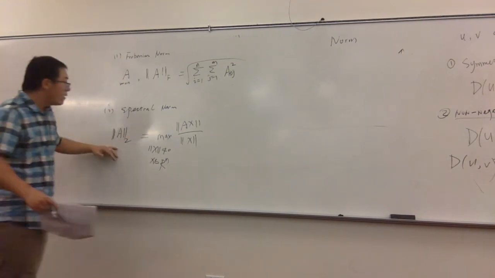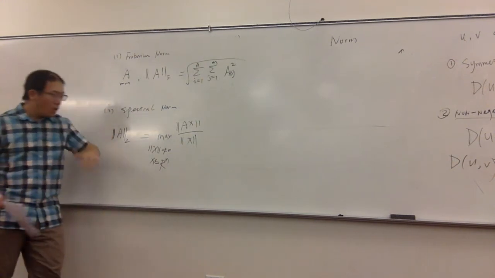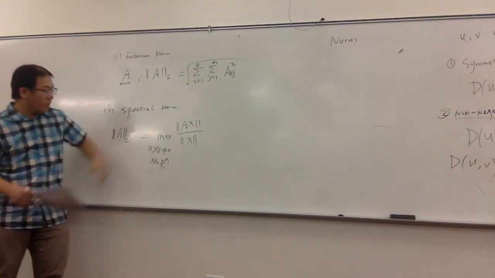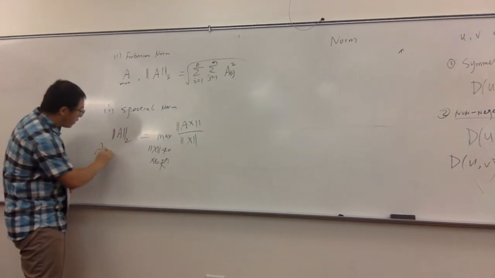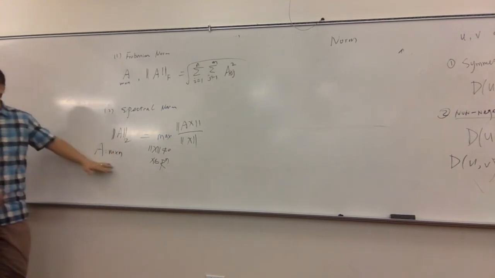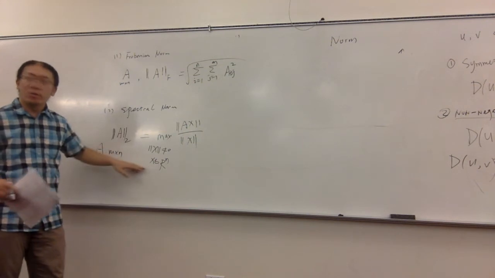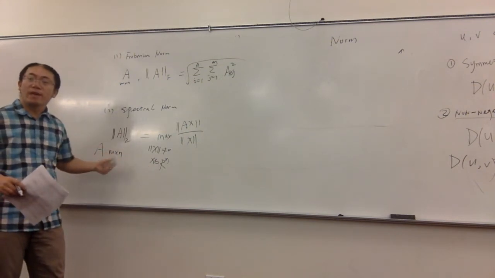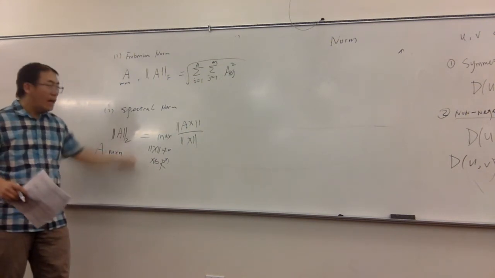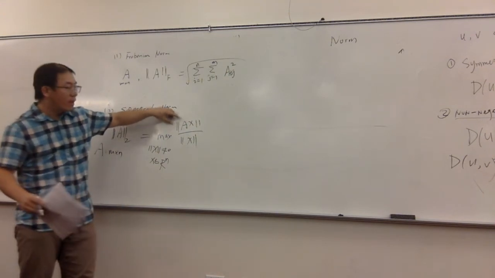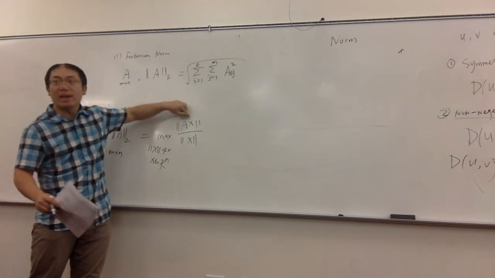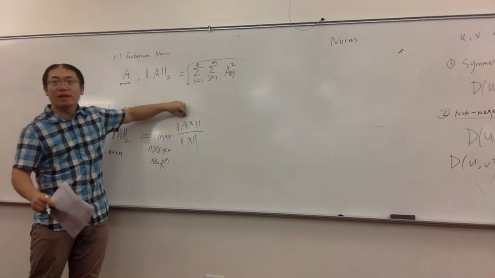Basically, the spectral norm says I just want to enumerate. Here we assume A is an n by n matrix. We enumerate all possible non-zero n-dimensional vectors, and for each vector x, I compute the value. First multiply A with x, which ends up with another vector.